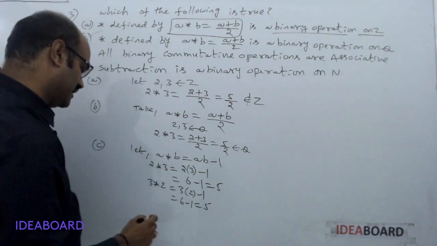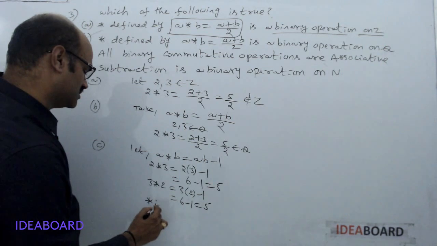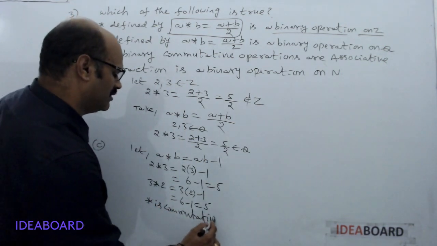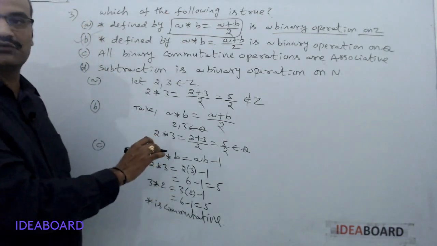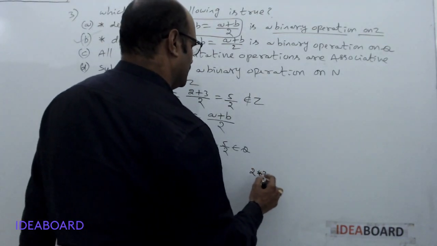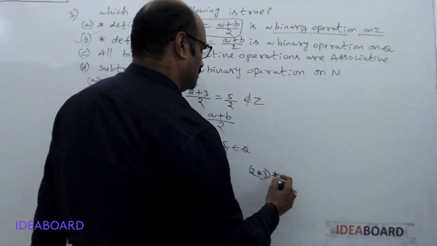Now we say that here star is commutative. Now let us verify whether it is associative or not. 2 star 3 star 4.